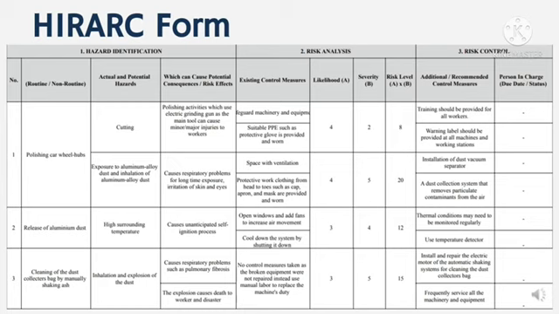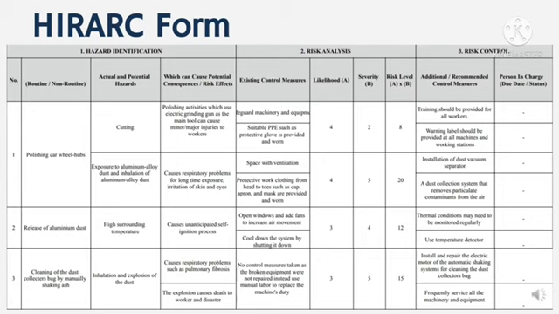The likelihood is 4 and the severity is 2, so the risk is 8, which is considered as medium risk. The recommended control measures for the hazard is training should be provided for all workers, and warning labels should be provided at all machine and working stations.